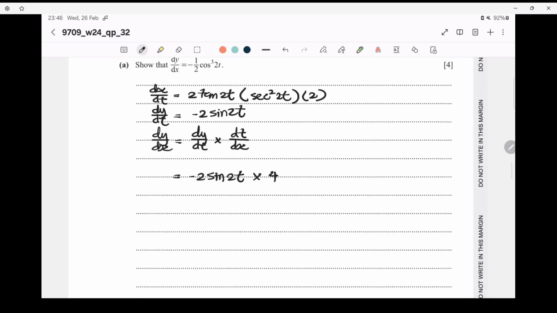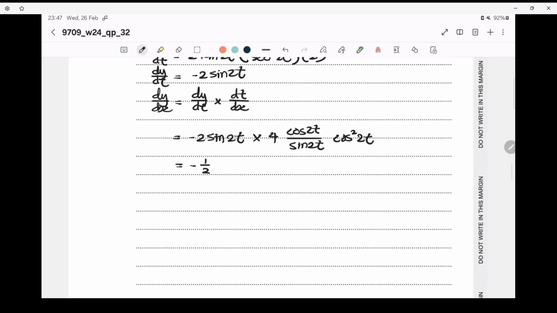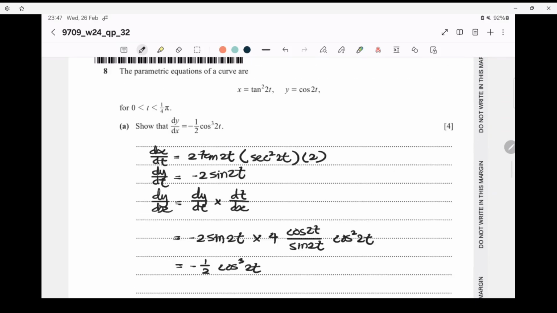So tangent 2t is sine over cos, so you reciprocate it, you get cos 2t over sine 2t. And then secant square, you will get cos square 2t. So simplify everything, you should be able to get minus 1 over 2 cos to the power 3 2t. So that's what you want to prove.